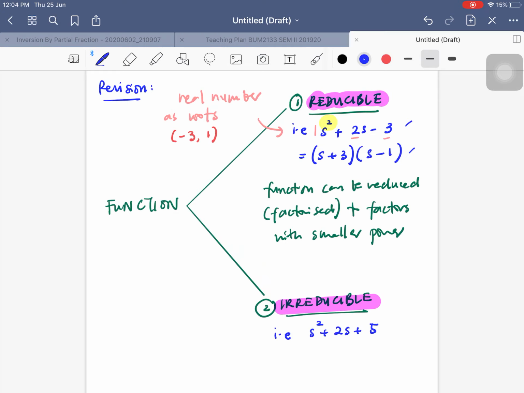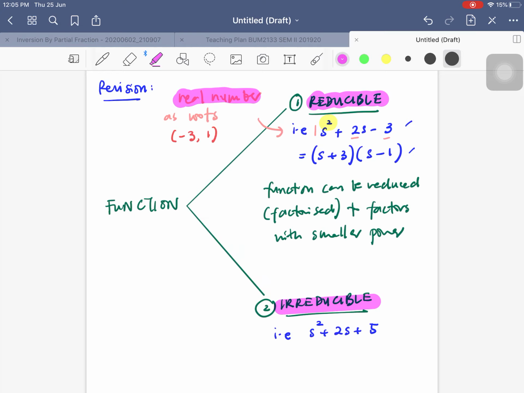That is called a reducible function. Again, all you have to do is plug the values of a, b, and c into your calculator and find the roots. And if the roots give you real numbers, the function can be reduced or factorized.